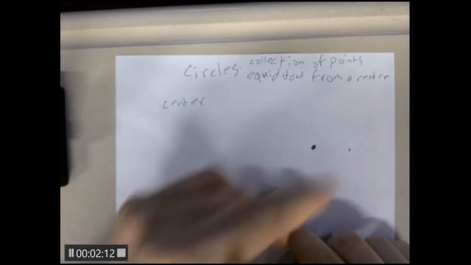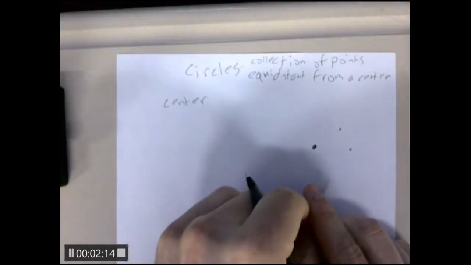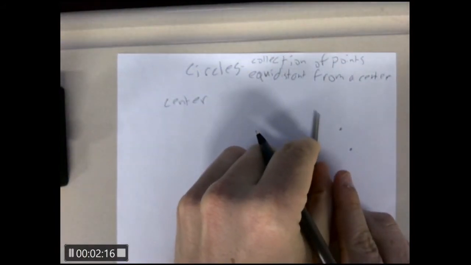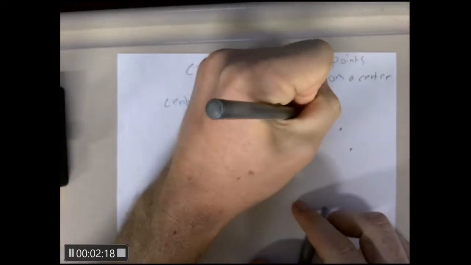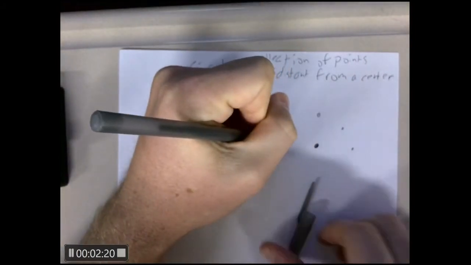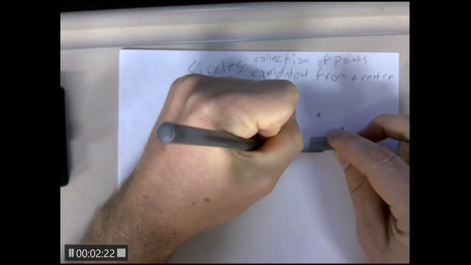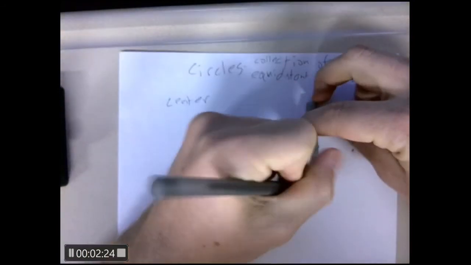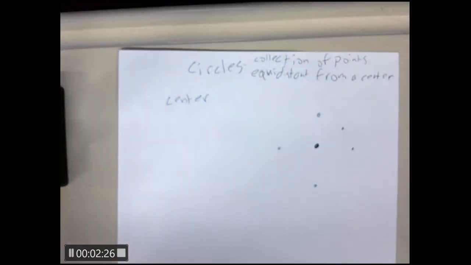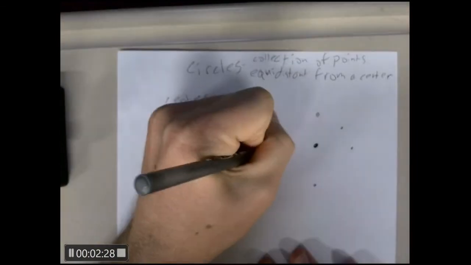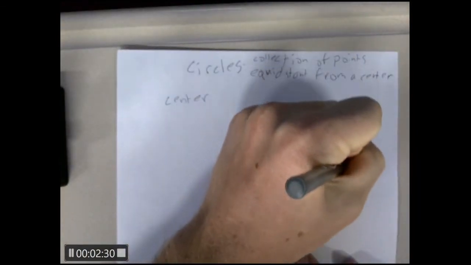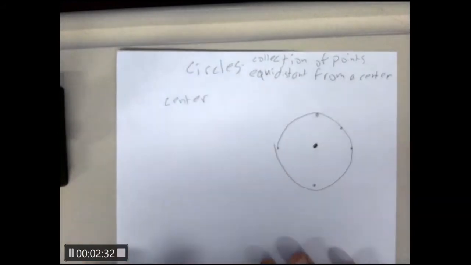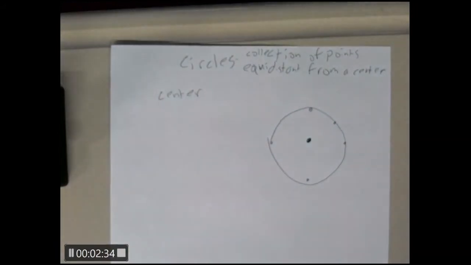And we know that this is actually not just a few dots, but there's literally infinite dots here. I'm just going to eyeball the rest of them, there, and there. You see how they're all about the same distance from the center? And then we can just hand circle it. So now we got a circle.